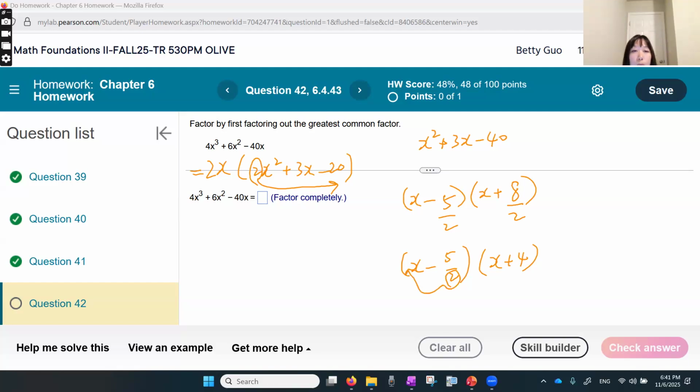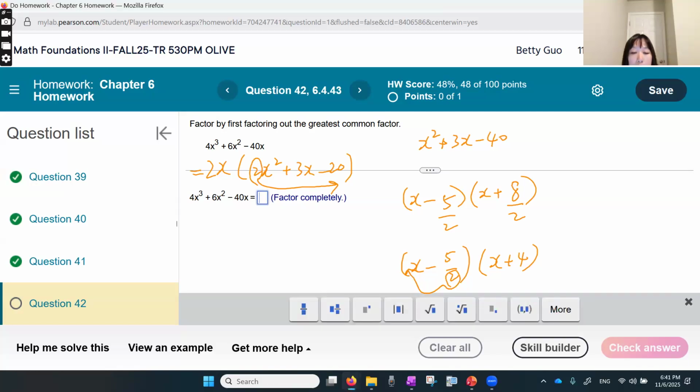So the answer is going to be, do not forget we have a GCF, which is 2x. 2x is out. First parentheses, 2x minus 5, second parentheses, x plus 4.